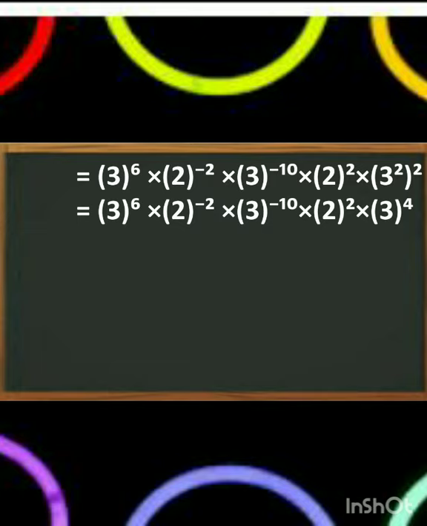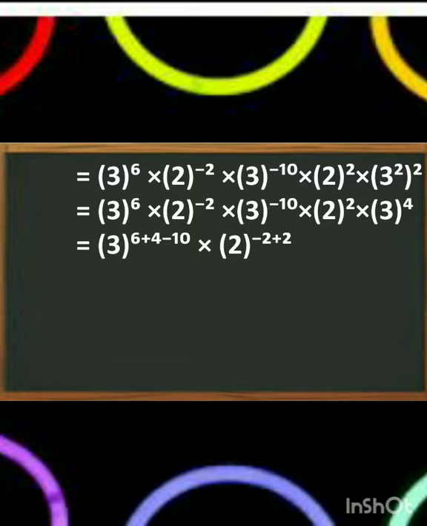So 3 power 4. Then again the bases are 3 and 2, so we can take the base as common. We are going to apply the product rule. If the bases are same, we can add the exponent. So 3 power 6 plus 4 minus 10 into 2 power minus 2 plus 2.